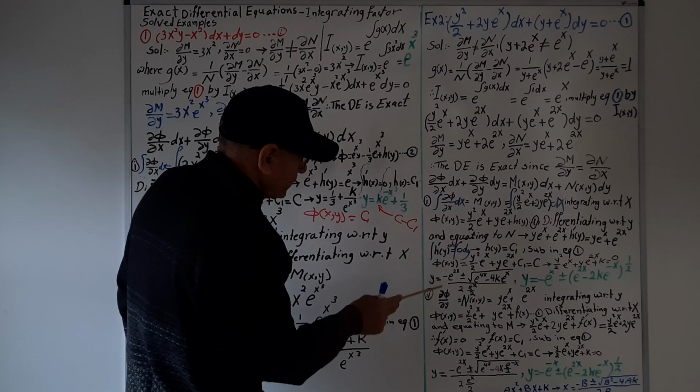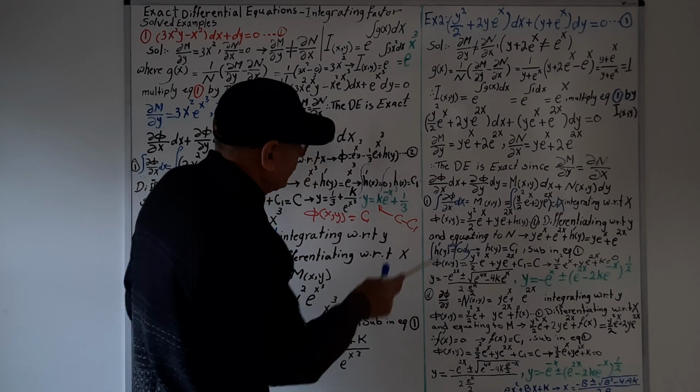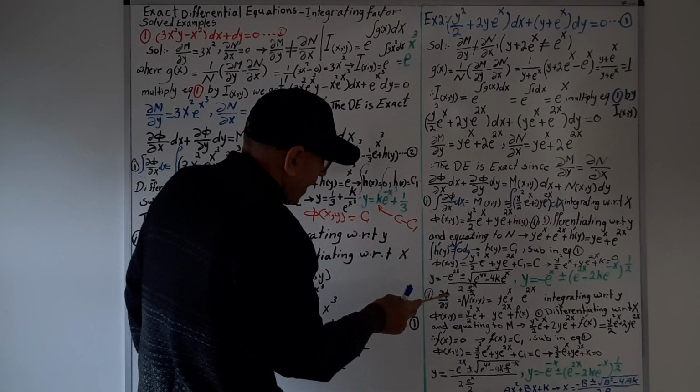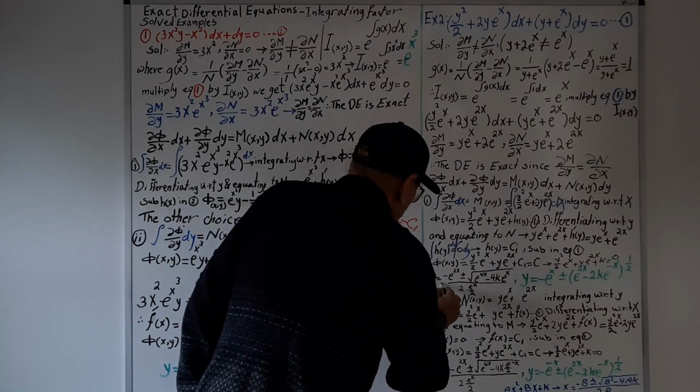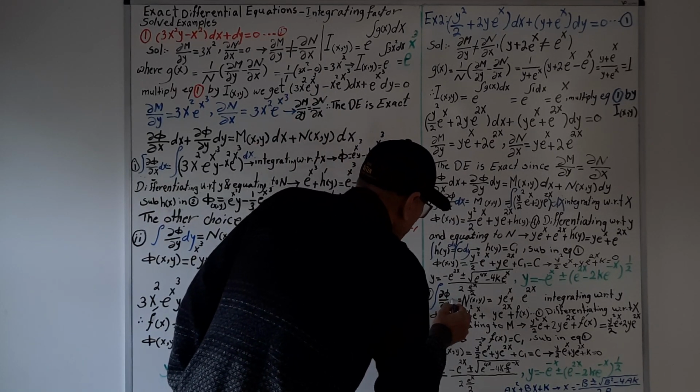The second choice, we take partial of phi with respect to y. Again, we integrate, and this time with respect to y.